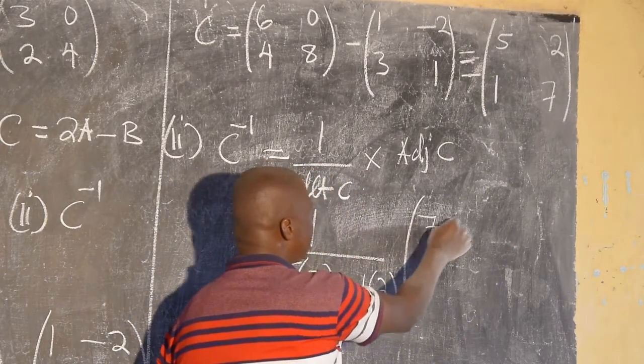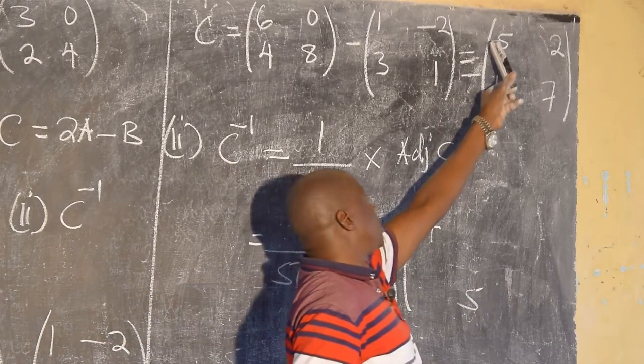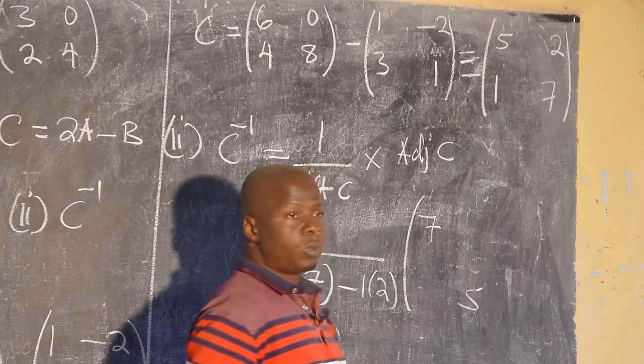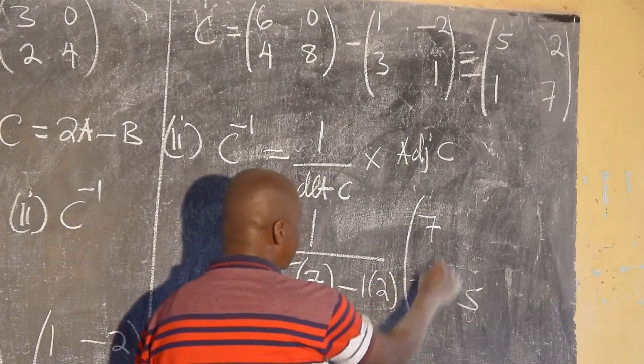That's why we have 7, 5. Whereas we change signs in the minor diagonal.